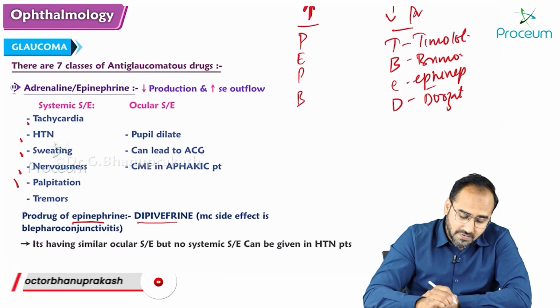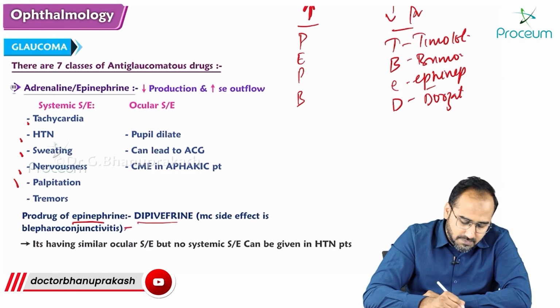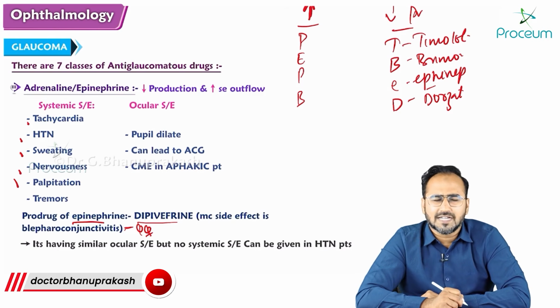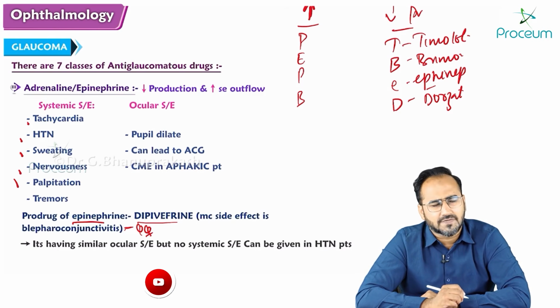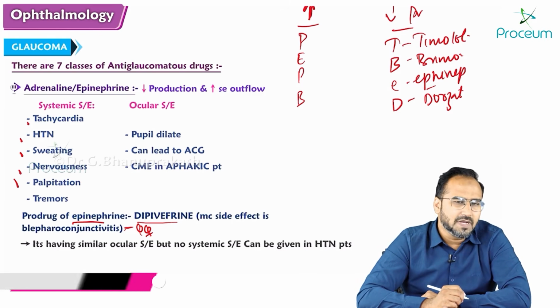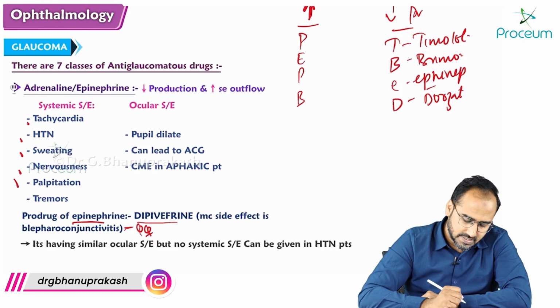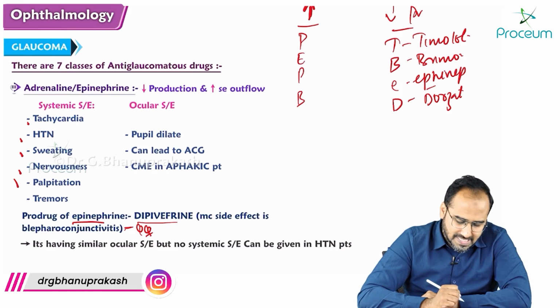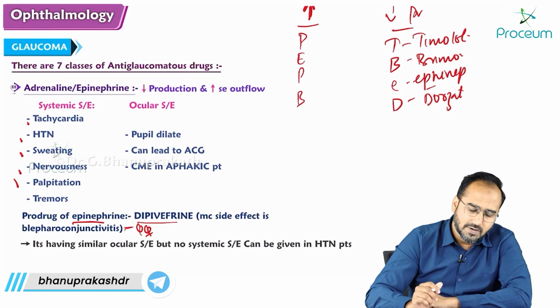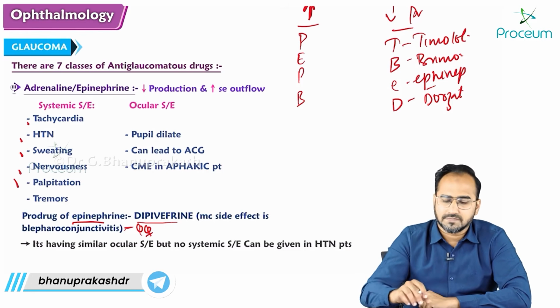But dipivefrine has a side effect that it can cause blepharoconjunctivitis. Blepharo is eyelids, conjunctivitis is inflammation of the conjunctiva, so it causes inflammation of the eyelids as well as the conjunctiva. Remember, dipivefrine does not have any systemic side effects, only similar ocular side effects.